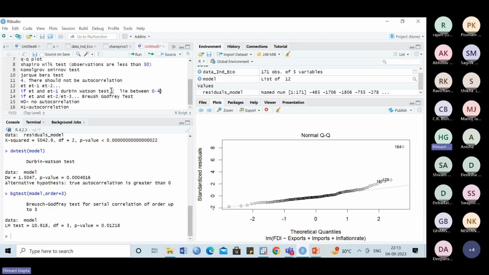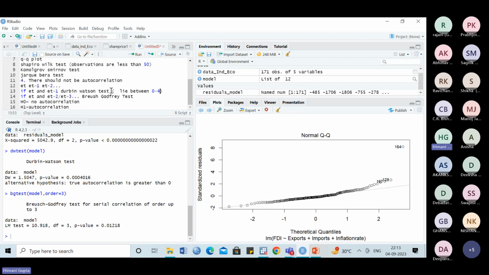But if your value is between 0 to 2, you can say that there is positive autocorrelation. And if the value is between 2 to 4, you can say that there is negative autocorrelation. If the value comes out to be 2 or near about 2, low autocorrelation is there, and we are okay with low autocorrelation. Either value is 2, 2.1 or 1.9, we are okay.